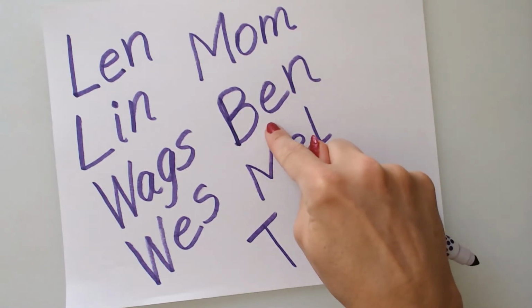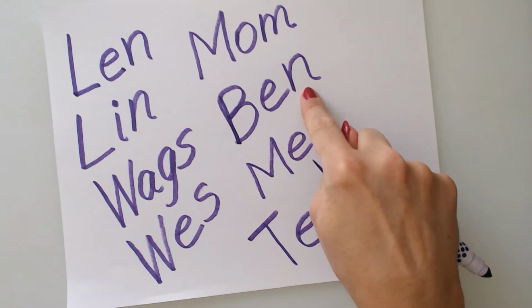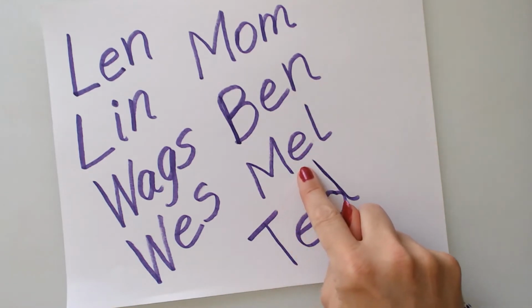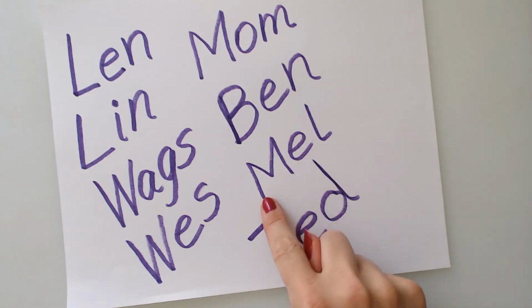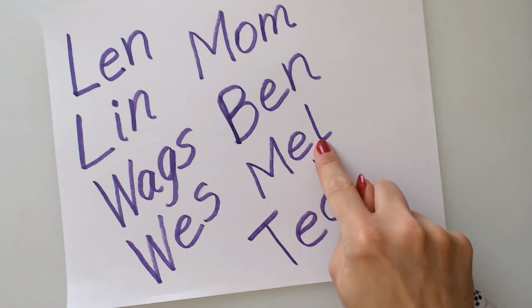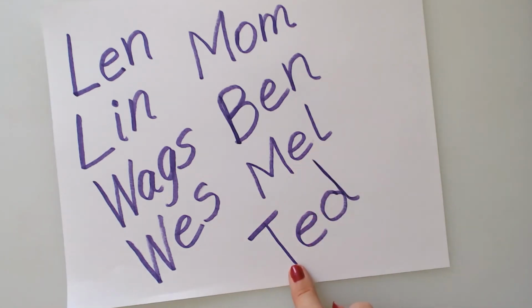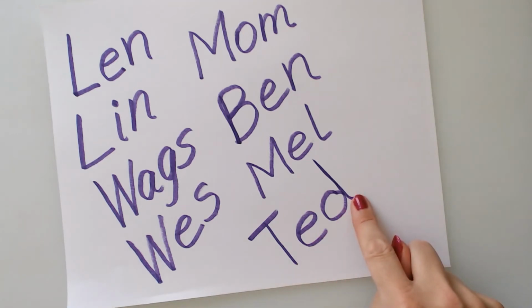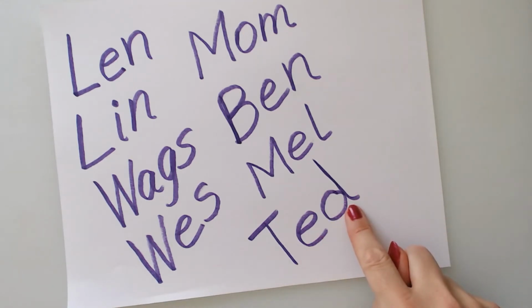Ben, Ben, Ben. Mel, Mel. And Ted. I have a brother named Ted and a dad named Ted. That's a family name. Okay, let's go ahead and read our story.